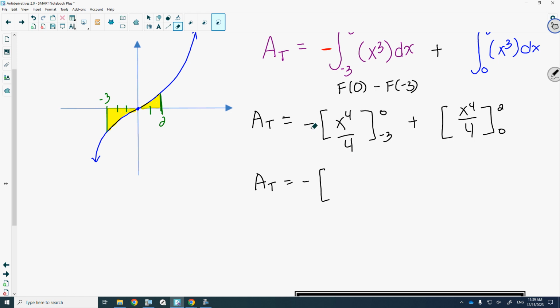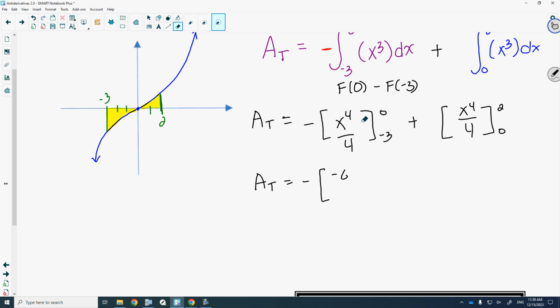Okay, so f of b would be 0, and then negative 3 to the power of 4. What's negative 3 to the power of 4? Negative 3 cubed is negative 27, so to the power of 4 is 81.